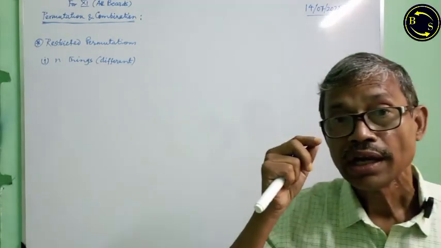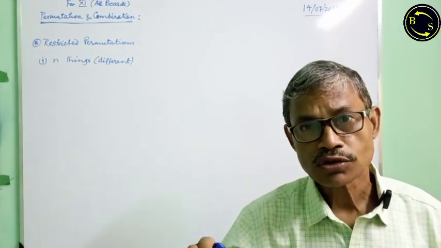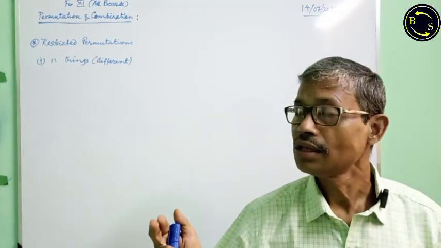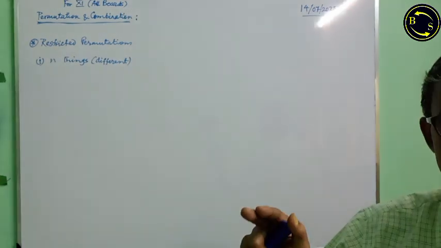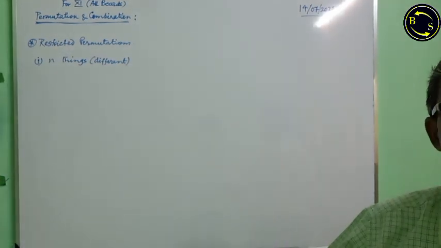That means we first delete those k things from the total, then out of the remaining n minus k things we take r things and permute.